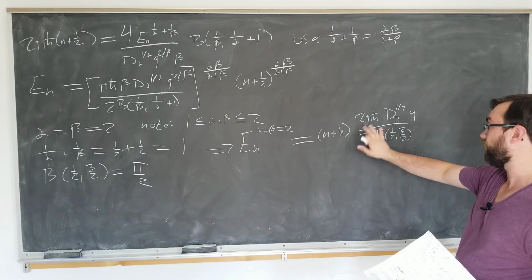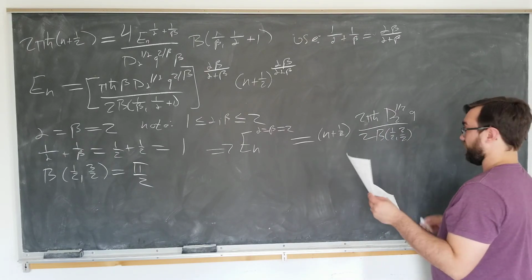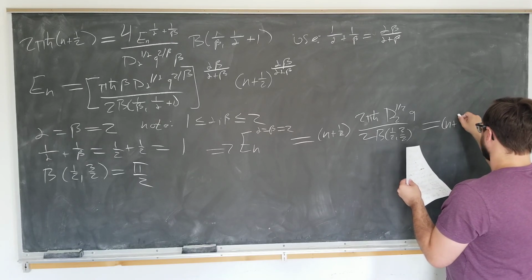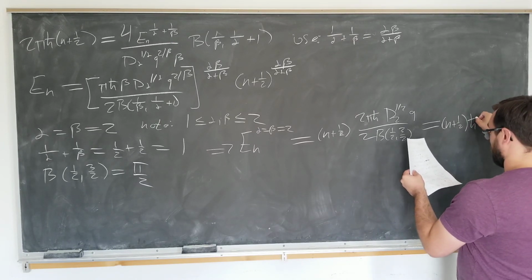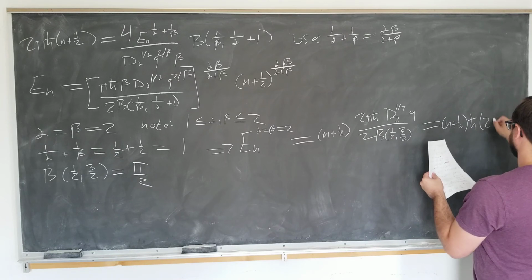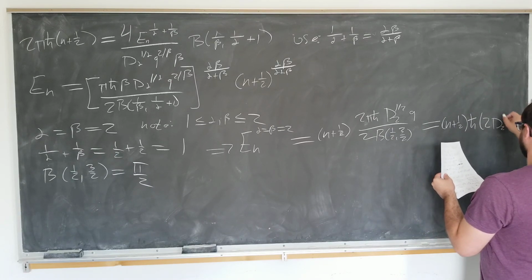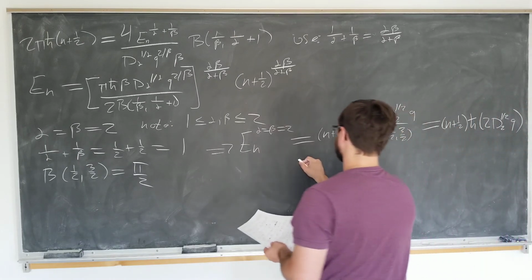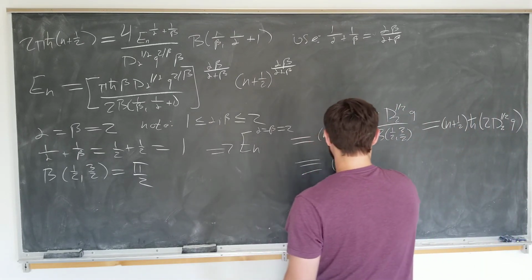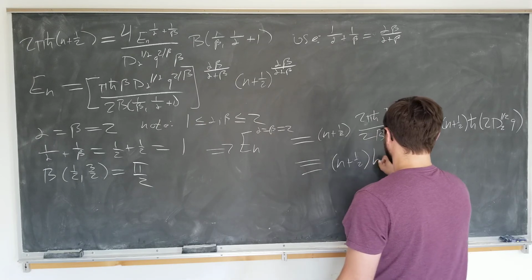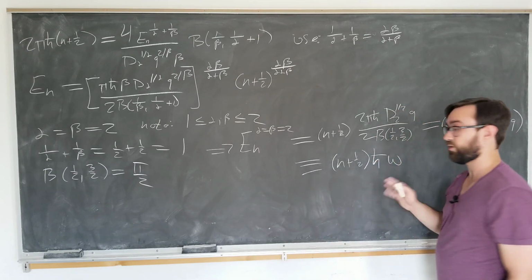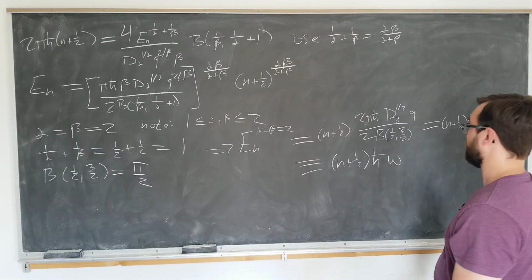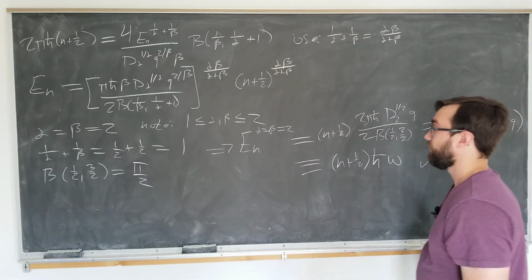Everything that I just wrote down here, we already know what it is. And this is just, finally, n plus 1/2 h bar times some constant, 2d2 to the 1/2 times q, which we're going to call omega, n plus 1/2 h bar omega, which you should certainly recognize from elementary quantum mechanics as being the spectrum of the oscillator. So, fantastic. This is cool.